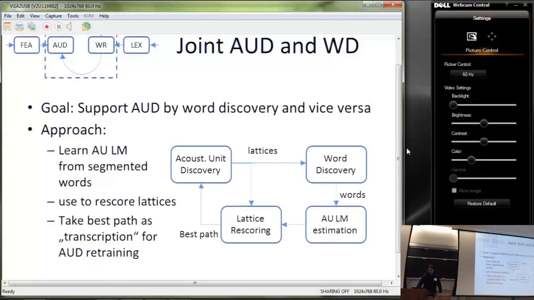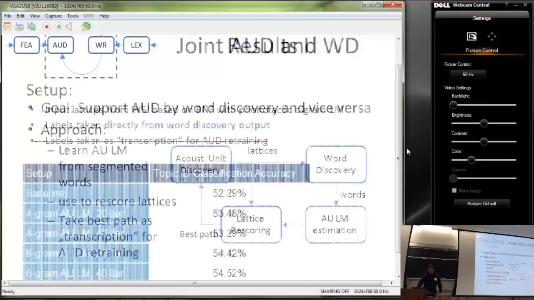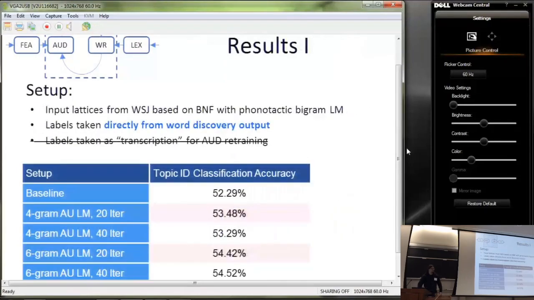Let's talk about some preliminary results. My first results incorporate only the word segmentation result. We tried to complete the loop, but we had a flaw in the experimental setup, so we were not able to do a retraining. We only performed a topic ID classification experiment on the output of the word segmentation.